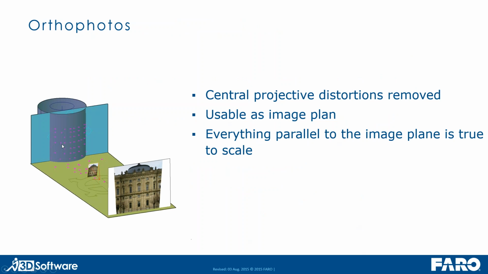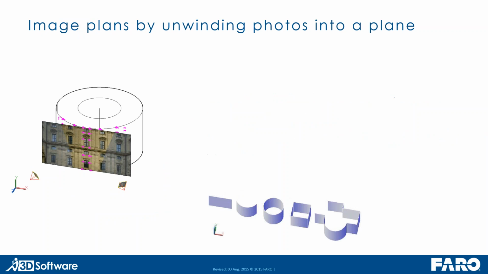So everything on this facade will be true to scale except those curved parts. Therefore, if you have a curved feature and want to measure true length on top of this cylinder or in the unwrapped image, then you would need to use the unwrap command rather than the orthophoto command.